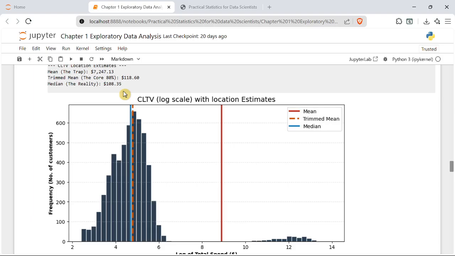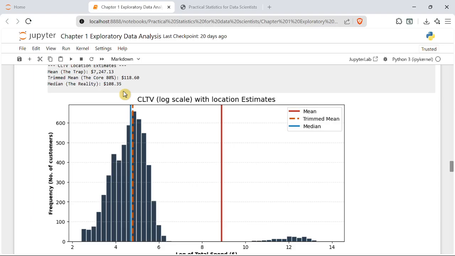So we calculated a 10% trimmed mean, which sits around $118. This metric acts as a great middle ground, statistically filtering out the extreme wholesale whales while still capturing the value of our high tier normal retail shoppers.